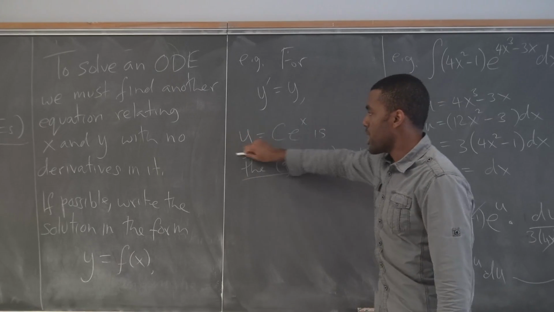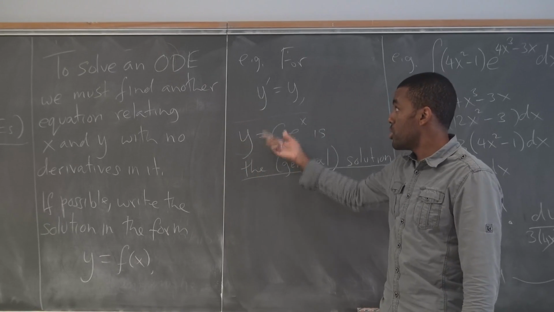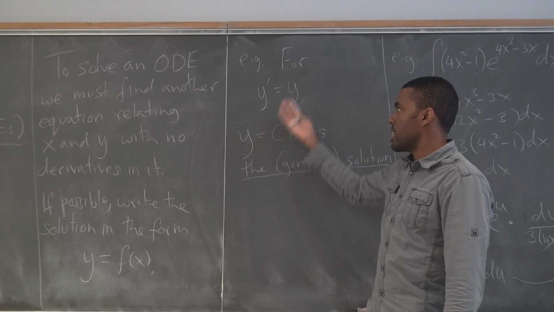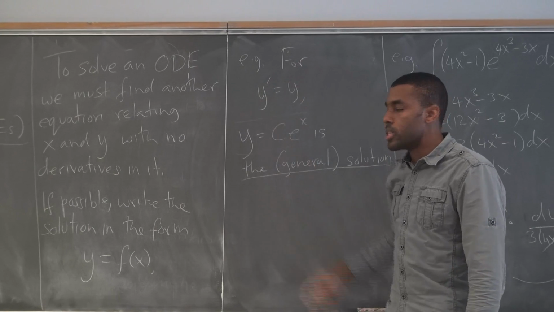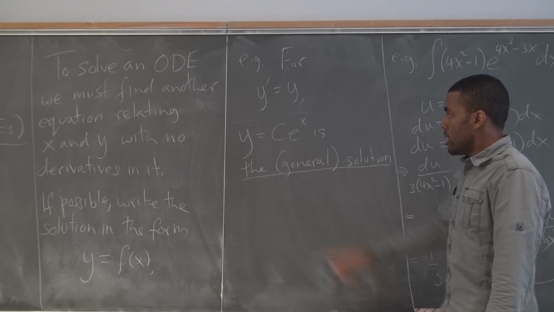Basically, I just found y equals f of x. I wrote y as some function that, if that's true, this will necessarily be satisfied. I just want to find some function that satisfies this equation when I take derivatives into account. So that's what we call solving the differential equation.